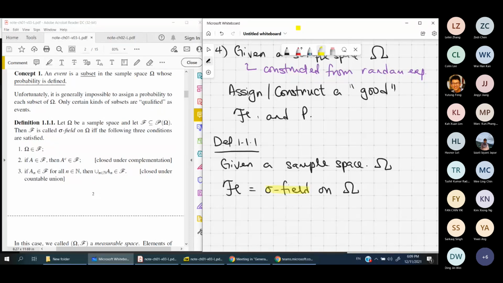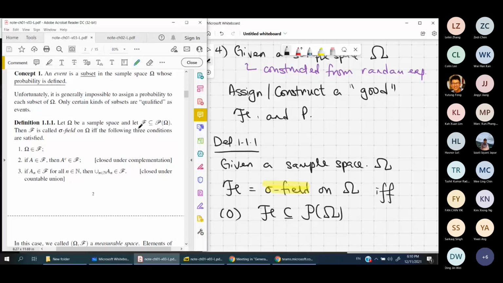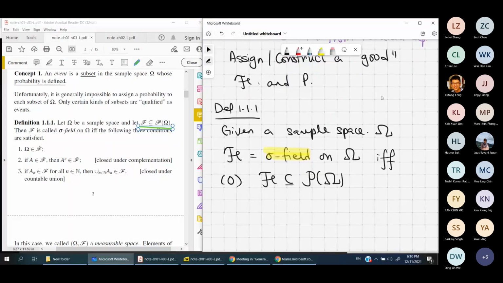Here's the definition. Sample space omega, provided it fulfills all these criteria. We put 0. That means, first of all, this must be a subclass of P omega. In the first place, elements of F must be subsets of omega. That's the meaning of it.